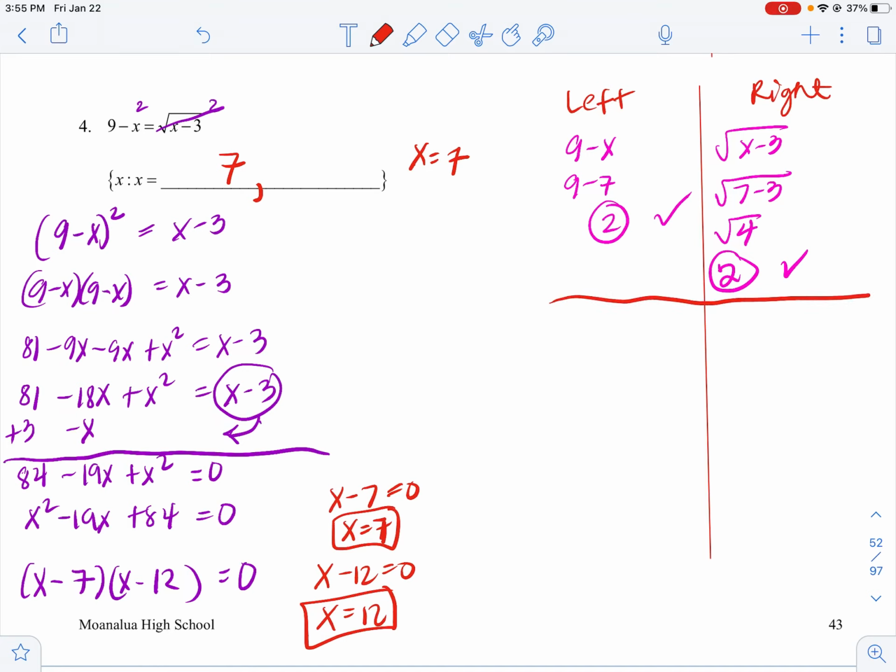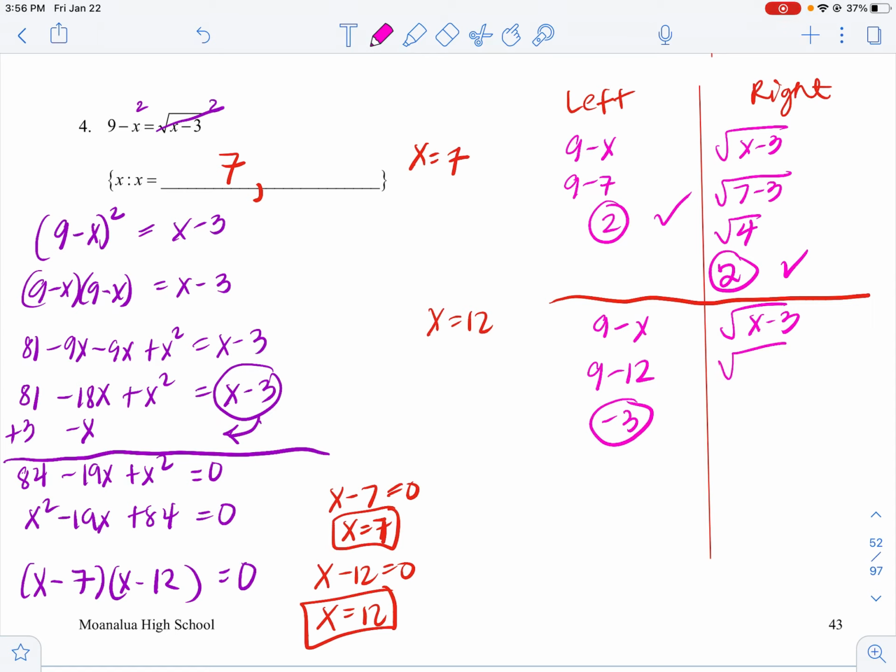But we would also want to check if 12 works. If I plug in 12, will I get the same number on both sides? So that's 9 minus 12, which is negative 3.